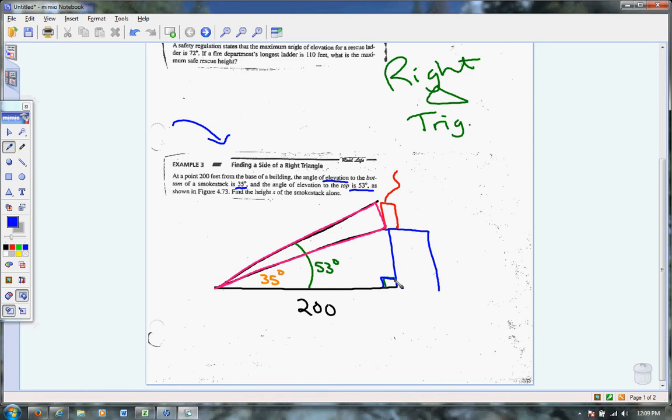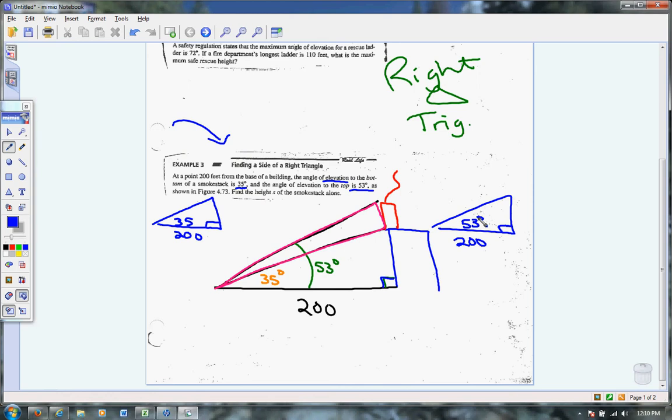Now, what we have here is two triangles, all right? Which means I can set up two little equations. I have a triangle where this is 200 and this is 35, and I have a triangle where this is 200 and this is 53. I should have drawn that angle a little bit steeper, but that's just the way it is.